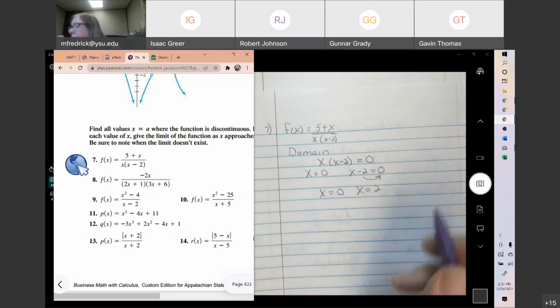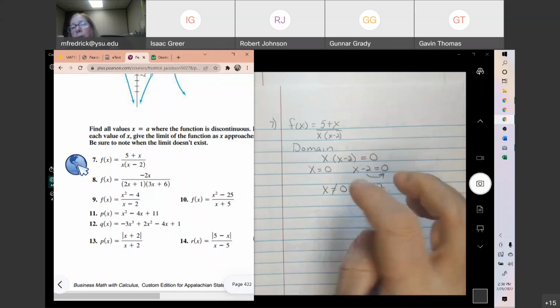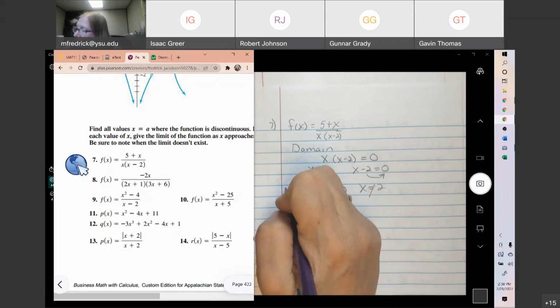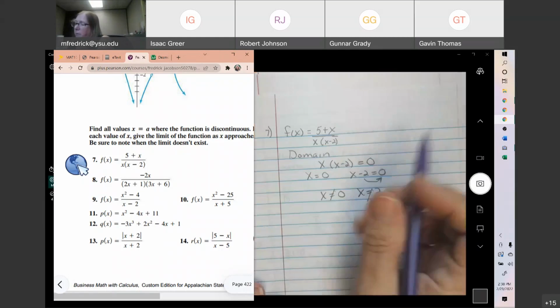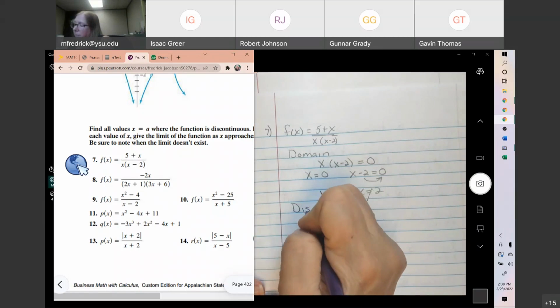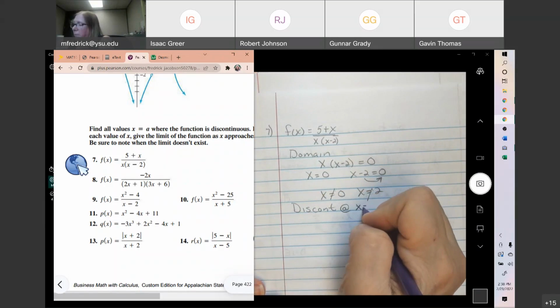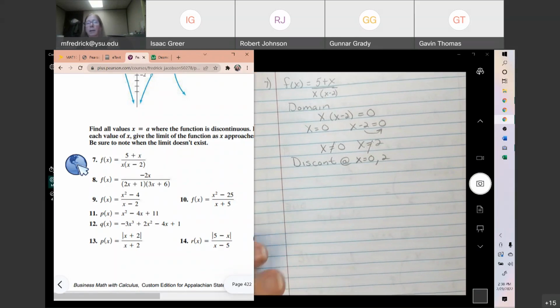So x cannot equal 0 and x cannot equal 2. Both of those give me 0 in the denominator. So it's discontinuous at x equals 0 and 2. Anything that will give me 0 in the denominator, that's where it's discontinuous.